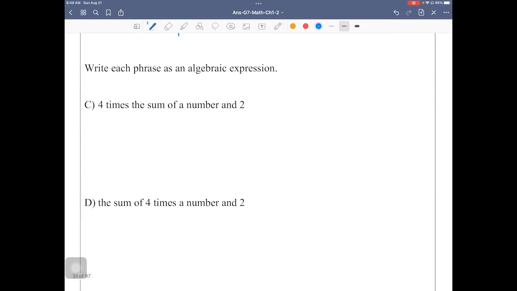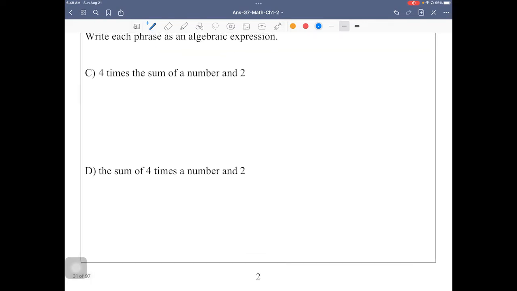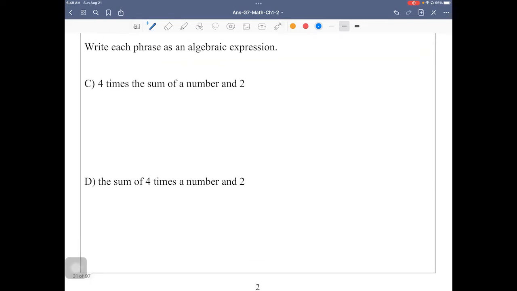So now I have C is 4 times the sum of a number and 2. So let the number be n. So I get 4 times the sum of a number and 2.